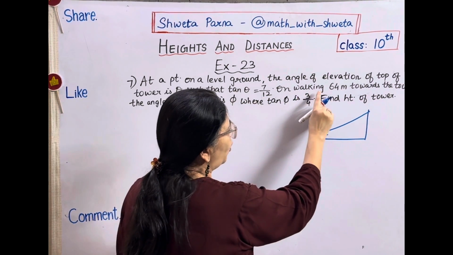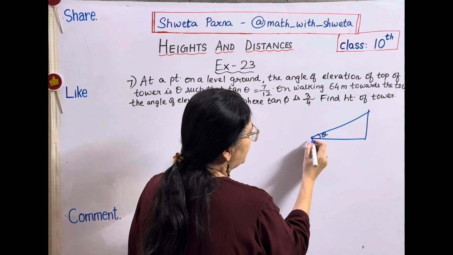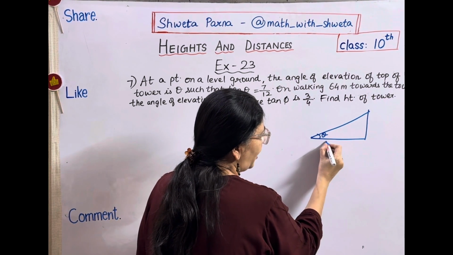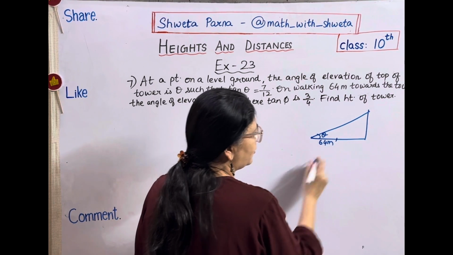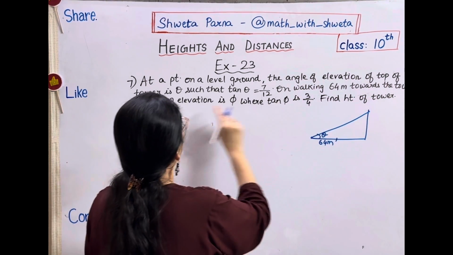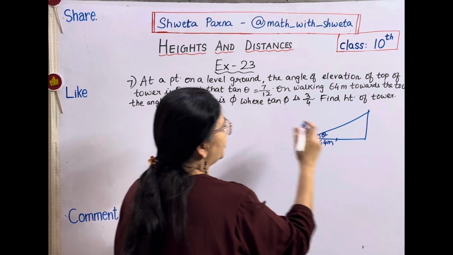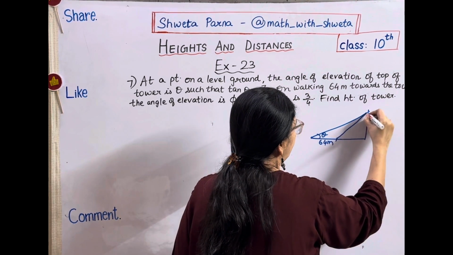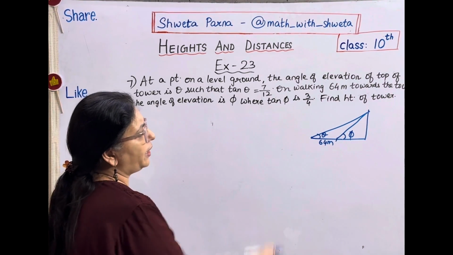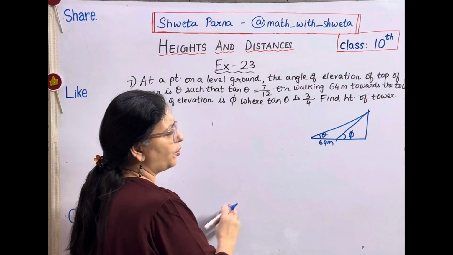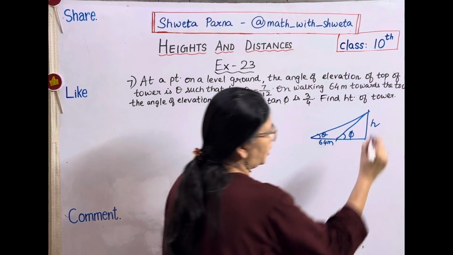On walking 64 meter towards the tower. I was here. From here I walked 64 meters, say I walked till here. So this distance is 64 meter towards the tower. The angle of elevation is now theta, where tan is 3 upon 4. Find the height of the tower.